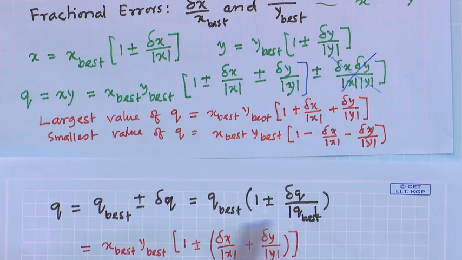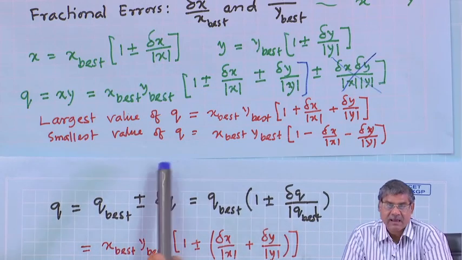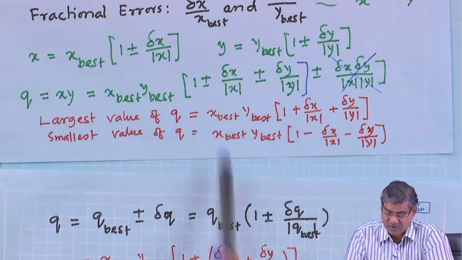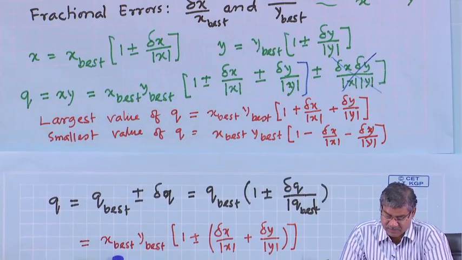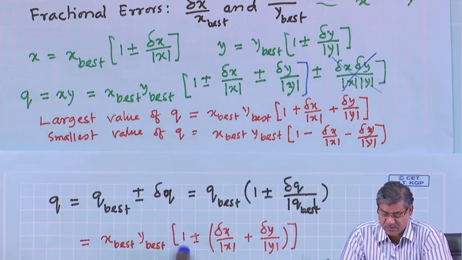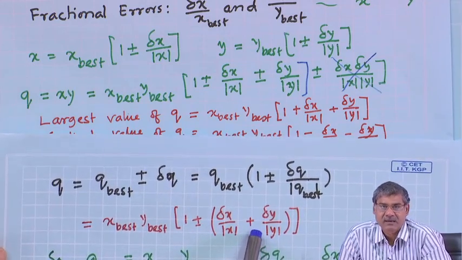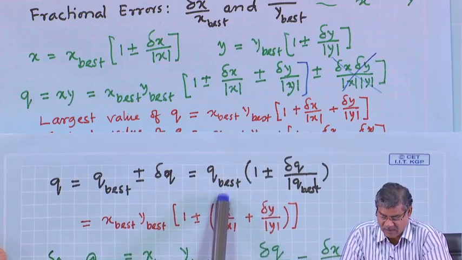If you compare with this one, whatever we have calculated from here, that is x best y best, 1 plus minus del x by x plus del y by y, where I have taken common.